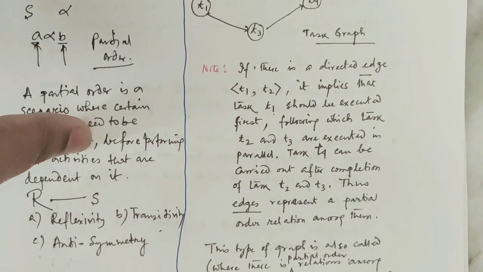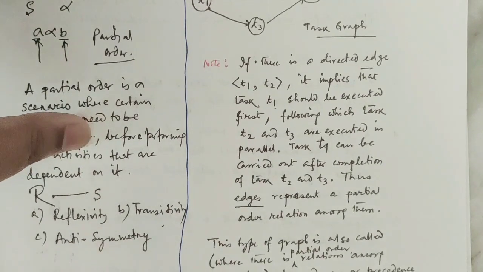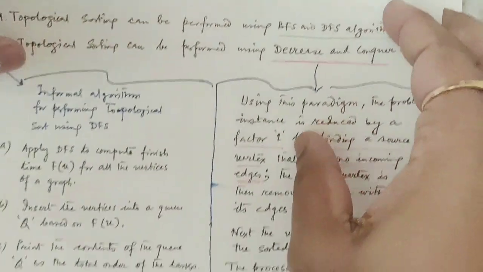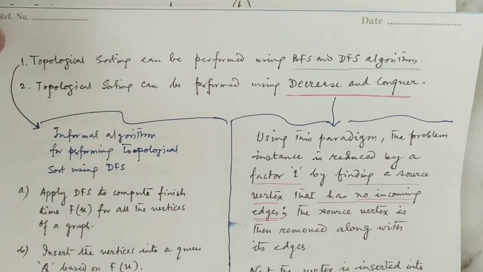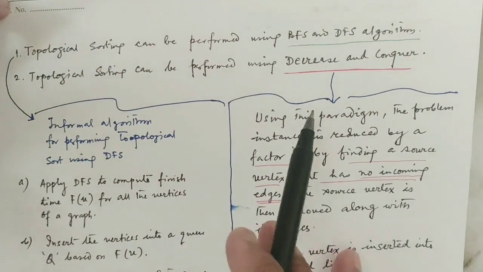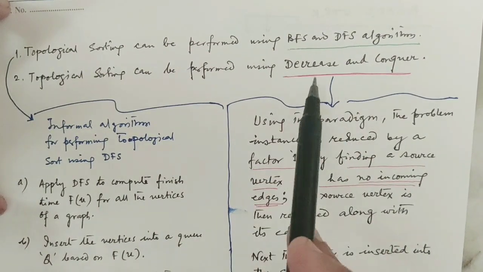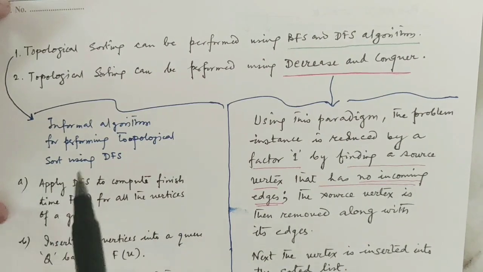Fine. Then let us move to the second section, that is for implementation of the topological sort. So topological sort can be performed, I mentioned it earlier, using BFS and DFS algorithm, and topological sorting can also be performed using decrease and conquer. We will go for decrease and conquer, but we must know how it is performed using the DFS algorithm.